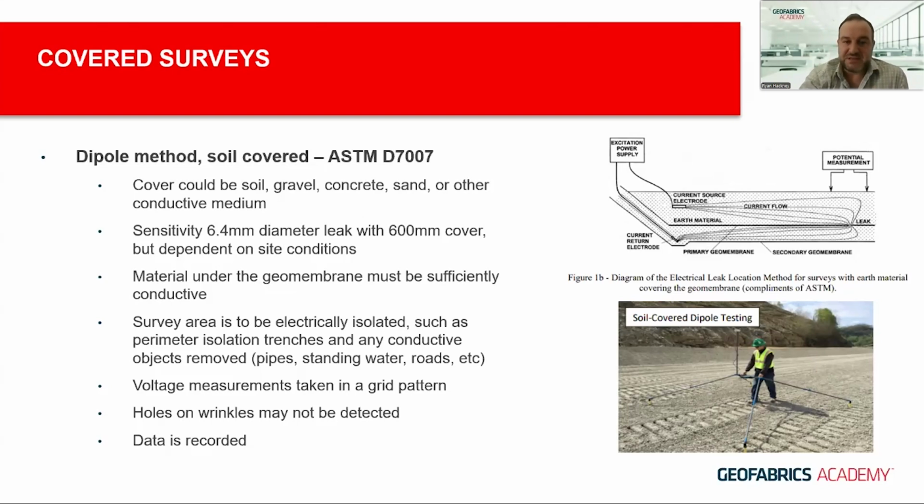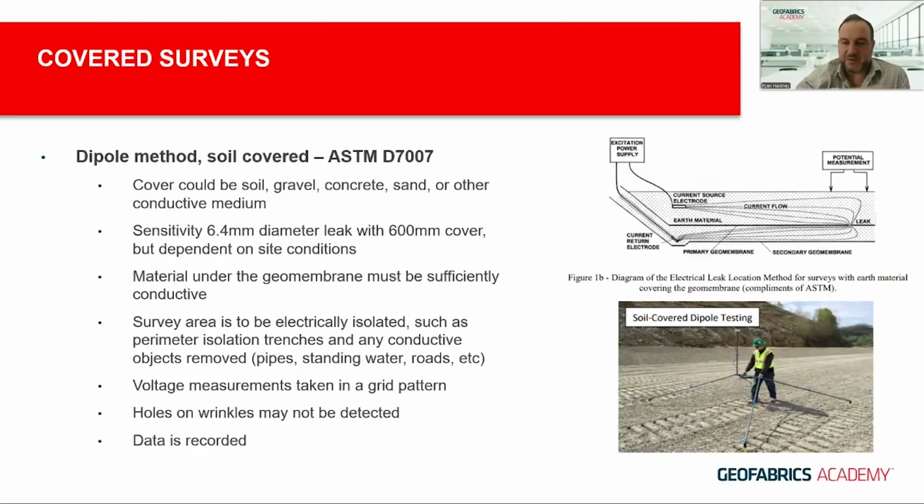As I mentioned, the material in the membrane still needs to be sufficiently conductive to be able to complete that circuit. You can see a diagram on the top side there, on the right-hand side, of what a dipole method with soil looks like in terms of completion of that circuit and how a leak's detected. And as I've mentioned earlier, survey areas need to be electrically isolated.